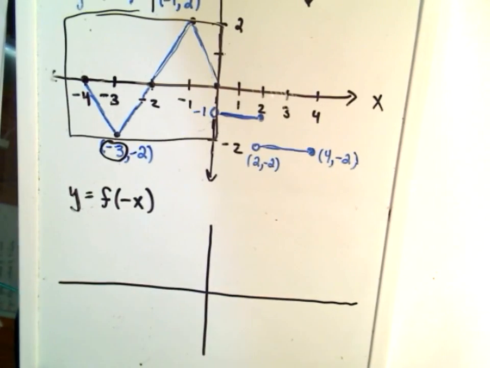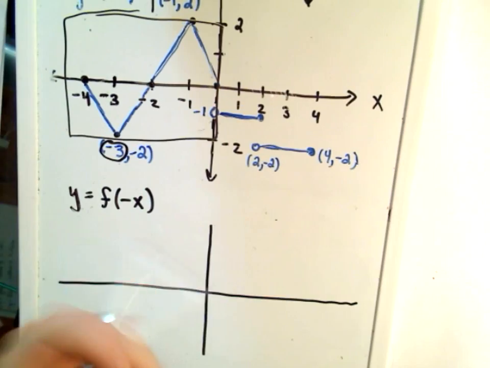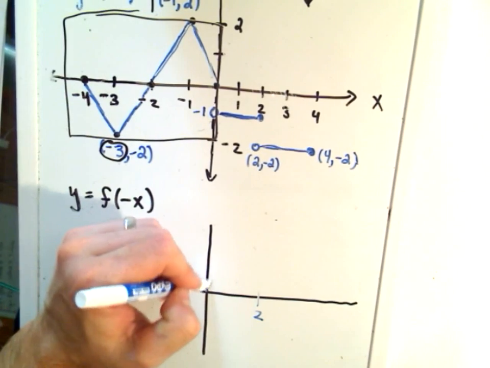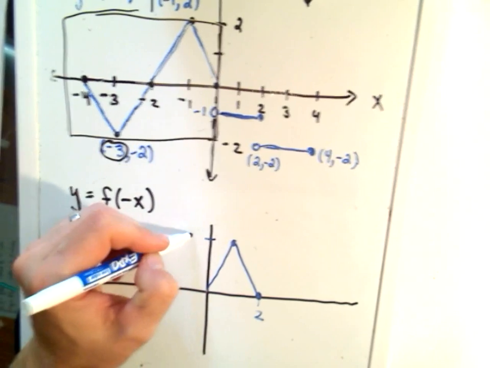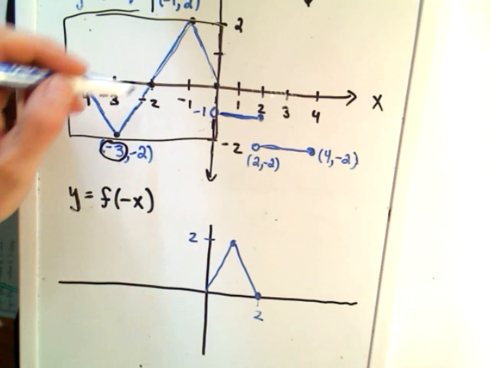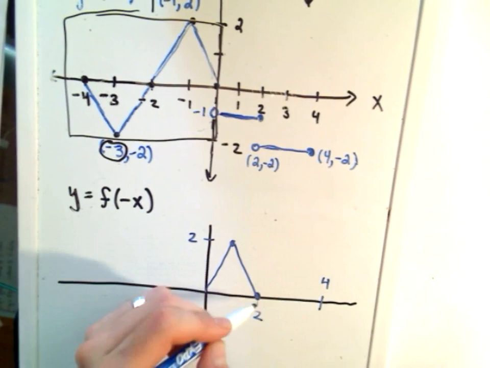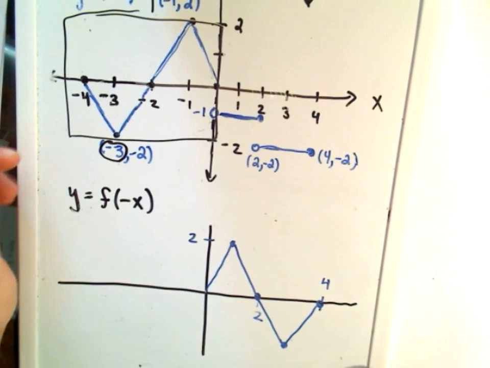So instead of going over from 0 to -2, if you reflect it, it'll go over from 0 to 2. And it'll still go up and then back down, up here at a height of 2. And the other part was going down from -2 to -4, so now it'll go down and come back up between +2 and +4.